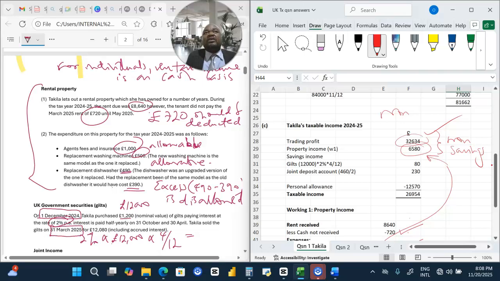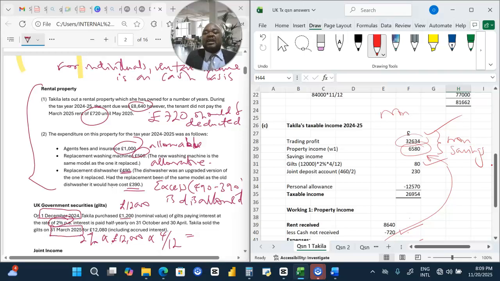From the time you invested, that was 4 months, isn't it? 4 months, and you were earning 2% on your investment. So that interest income, we are going to charge you. So 12,000 nominal value multiplied by 2% multiplied by 4 over 12, that's 80 pounds, isn't it?